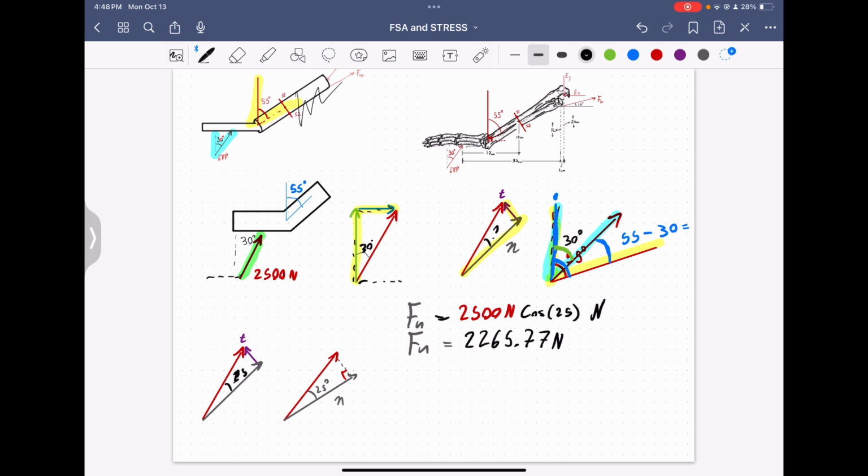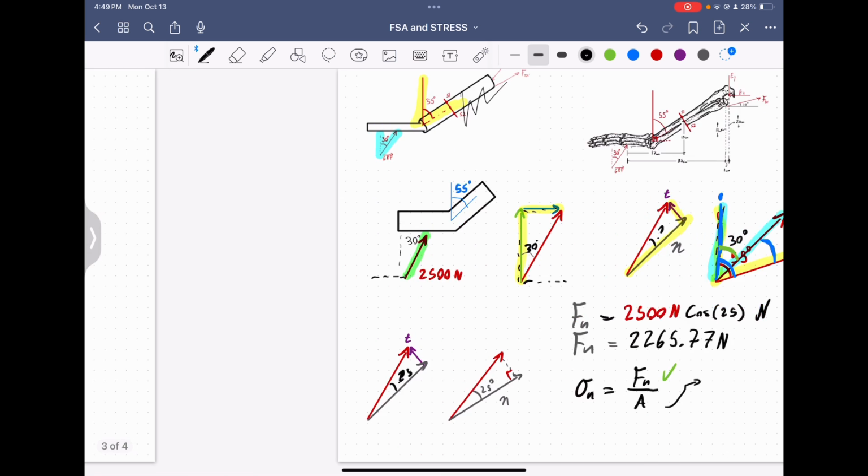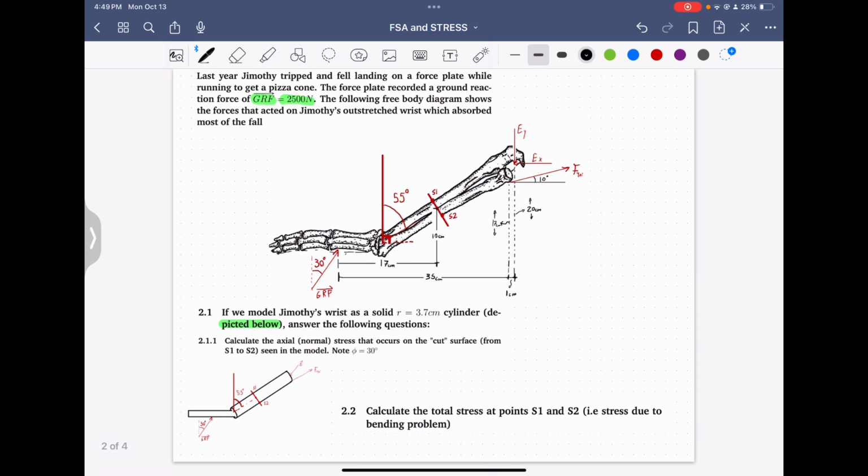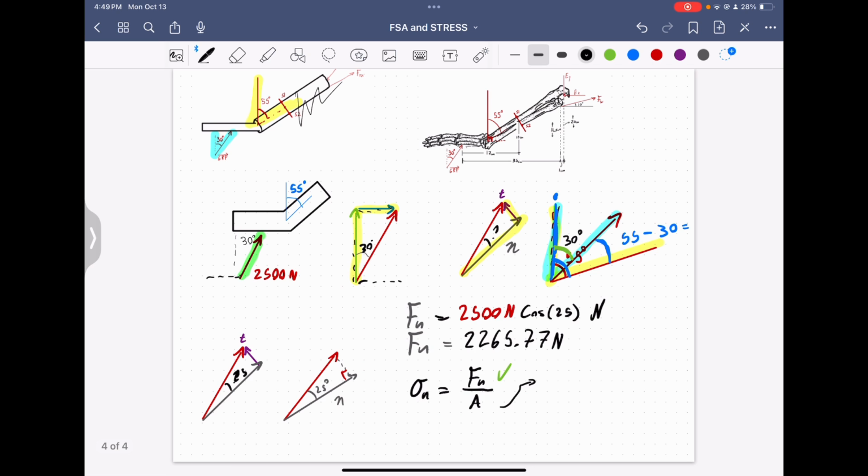And we know stress is normal force over area. We have the force, but we do not have area. But we have the radius, which was 3.7 centimeters.